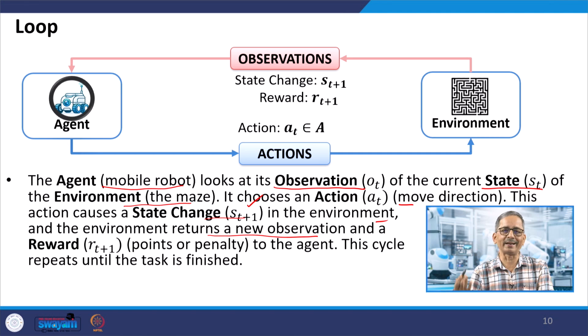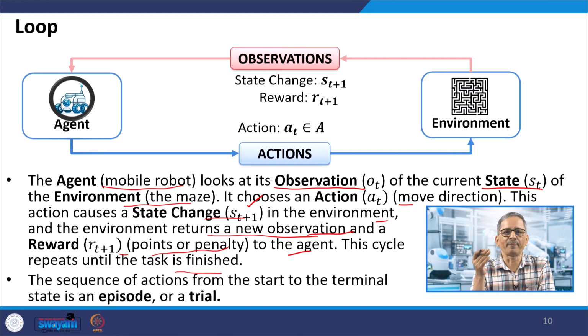Naturally, when the state has changed, the observation is going to change. The environment returns a new observation and a reward, which is points or a penalty, to the agent, and this cycle repeats until your task is complete. This way it completes the loop. The sequence of actions from the start to the terminal state is an episode or a trial.